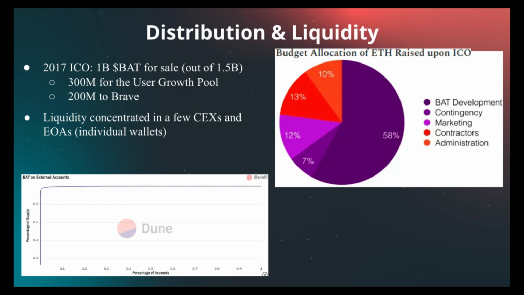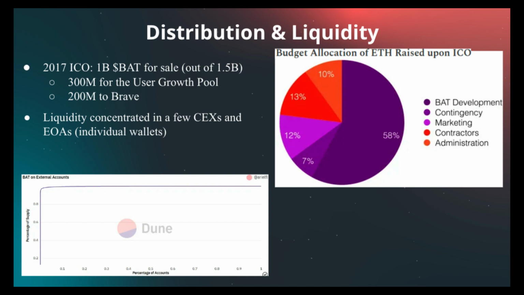I think the top 1% must be just short of 3,000 accounts. I think they have 300,000 wallets or something like that in total. So, you know, it's not a lot of people. And I guess if we took the 0.1%, then we would also see some very big liquidity concentration. So I think that's something to be really aware of about the BAT token.